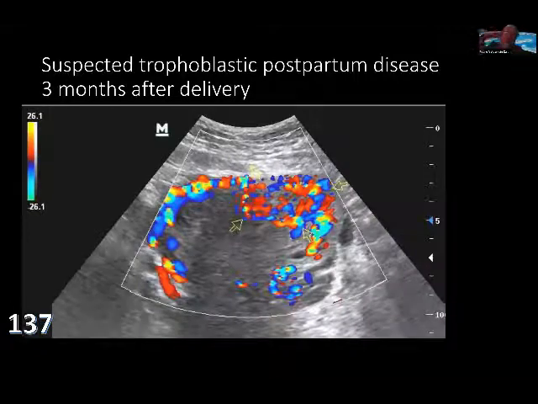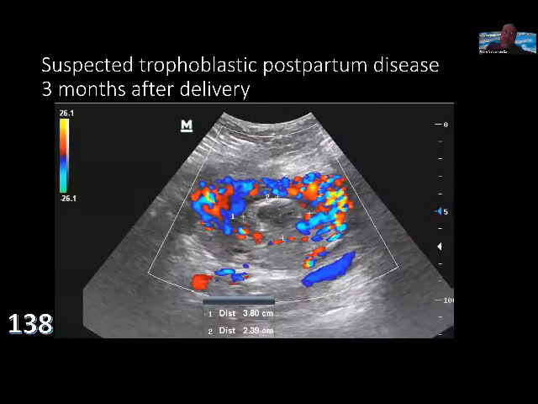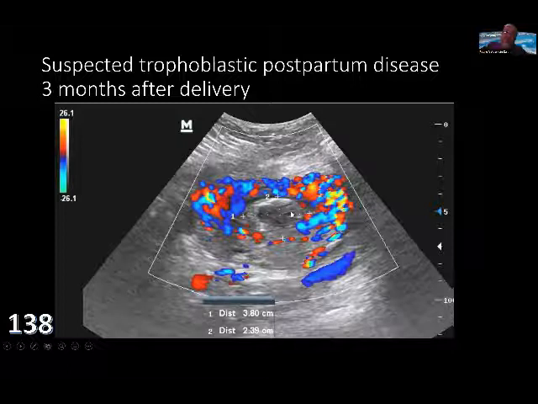In a closer view, see this bunch of blood vessels on the whole uterine wall, more vascularized than usual. And the image we saw indenting the endometrial cavity, this is a tumor.